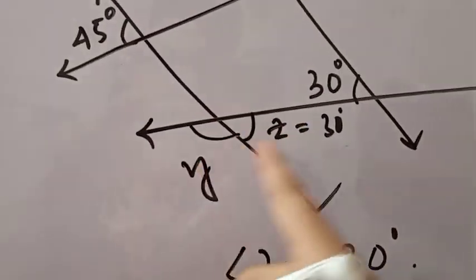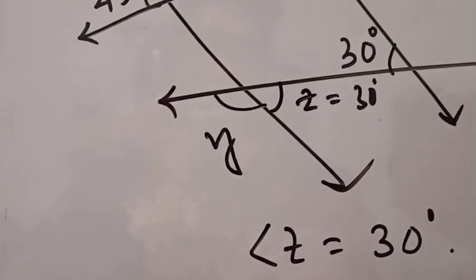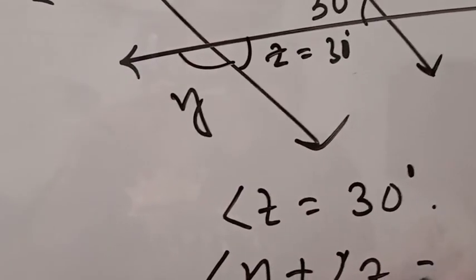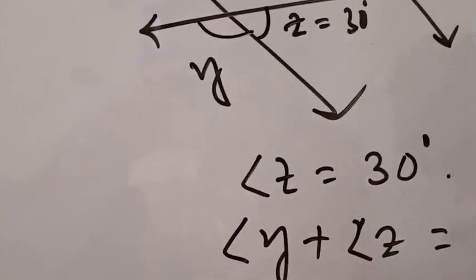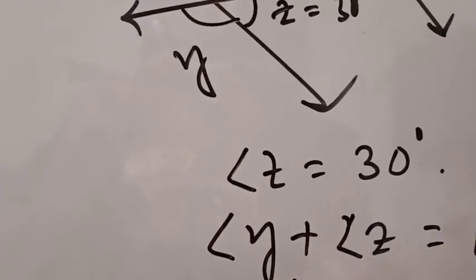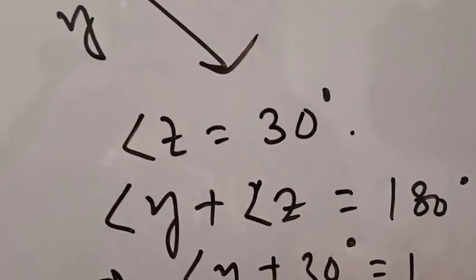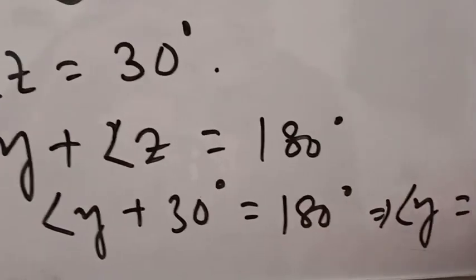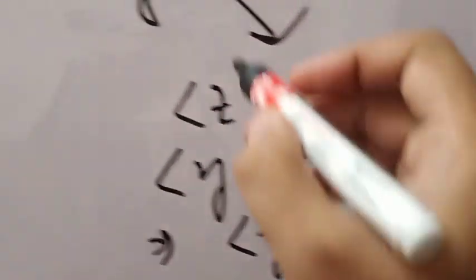Now y and z are in linear pair. So you can write y plus z equals 180. So y plus 30 equals 180. That means y equals 150. So y equals 150 here.